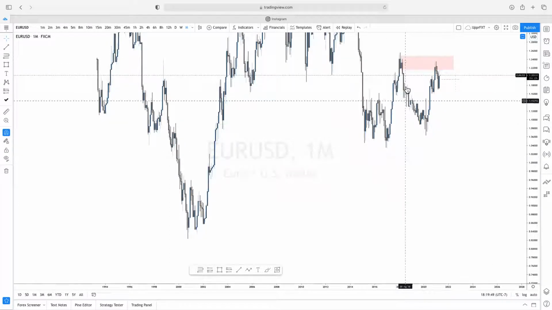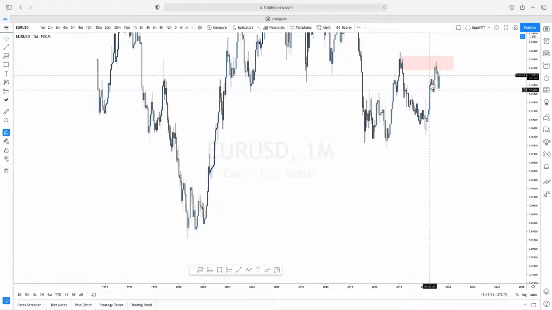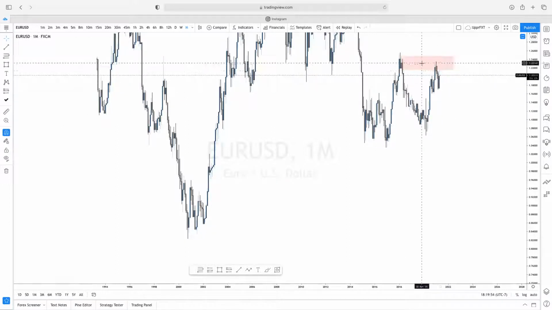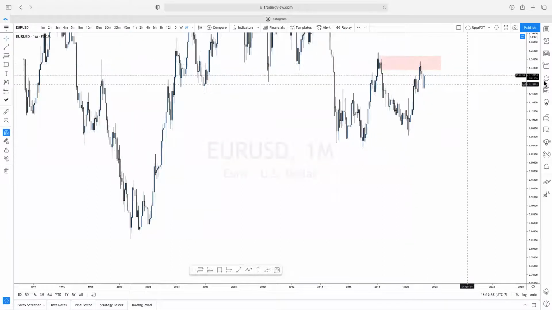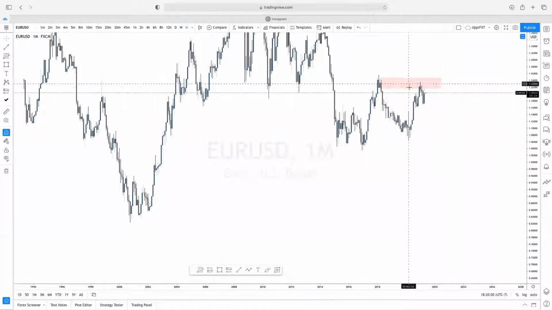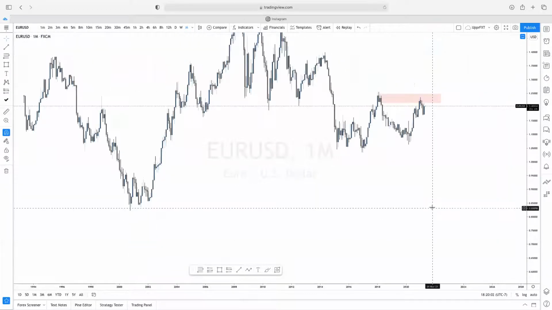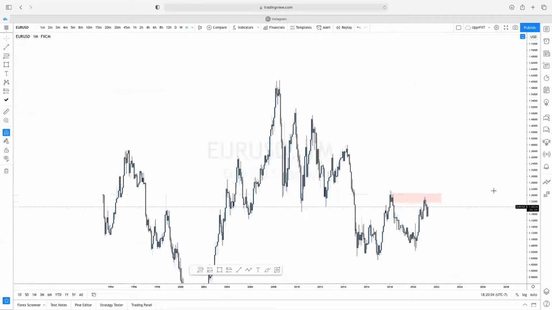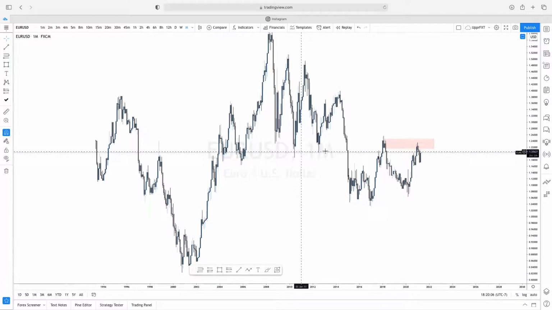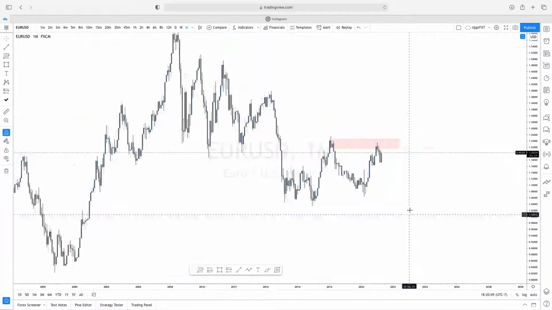If you have this monthly point of interest from supply and demand, it was a long time. Maybe you didn't even see it till here, right? You marked this up in December and you're waiting for price to come in, and you could have caught this move with these higher time frame supply and demand. So just understand that all the concepts that you learn can be applied to any time frame.